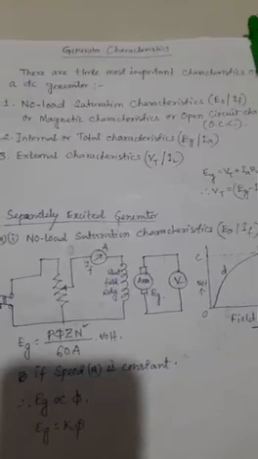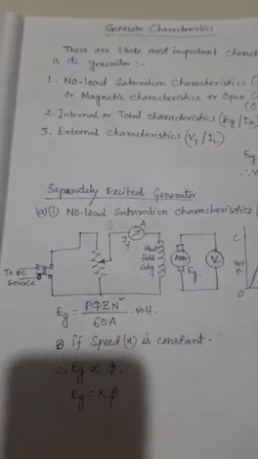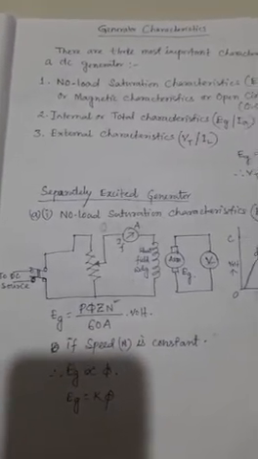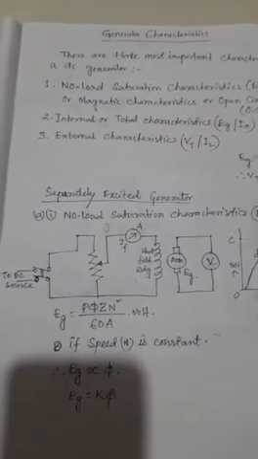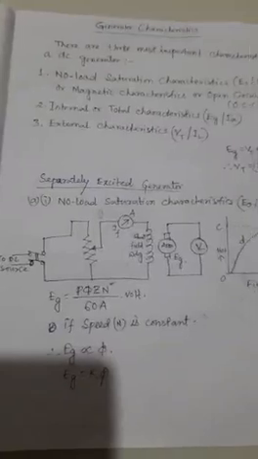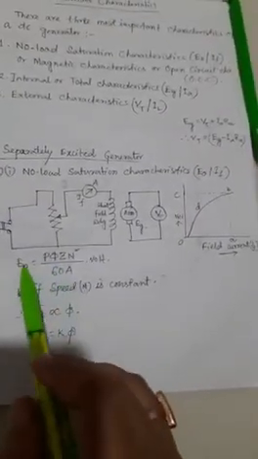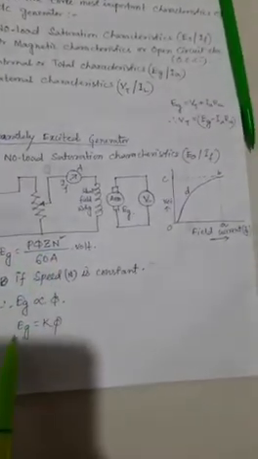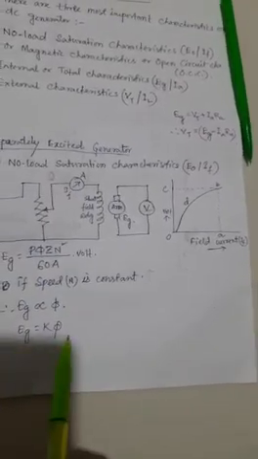As you know, EG equals P phi Z N by 60A. If speed is constant, then EG is directly proportional to phi, so EG equals K phi.